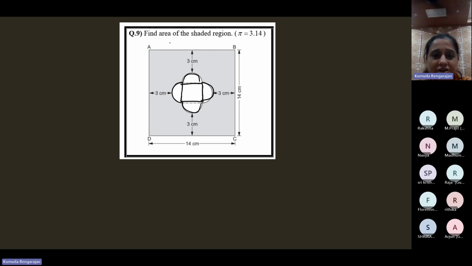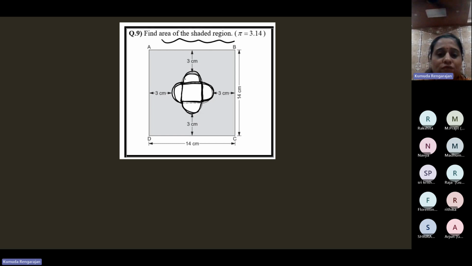The area of the shaded region is actually the area of the square, 14 into 14, minus the area of this design in the middle. And to find the area of this design, you need to find the area of this square and the area of these 4 semicircles. All this put together will be the area of this design.